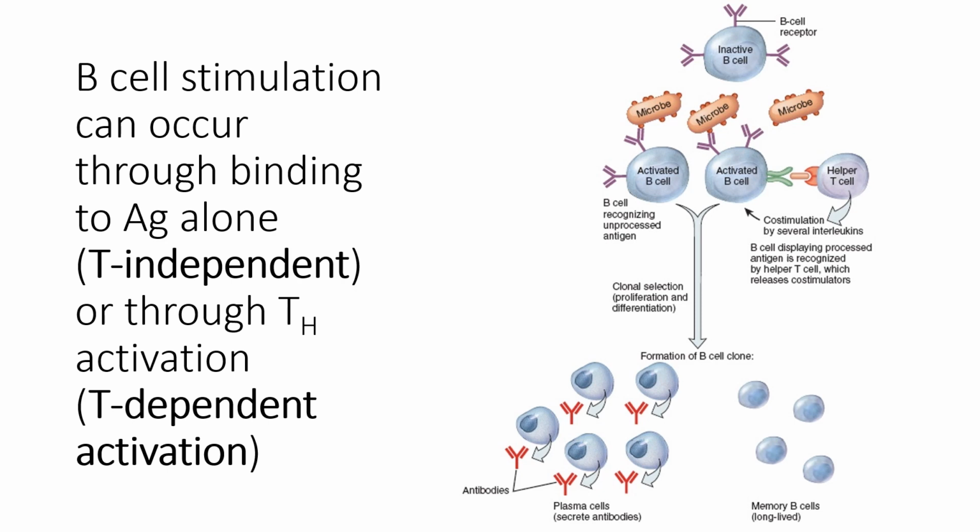This microbe would be engulfed, and now a portion of that antigen would be displayed on its surface, on its MHC class 2, and the T helper cell would bind there with its T cell receptor, and it would then stimulate the B cell with interleukins to begin this division to become plasma cells and memory cells. It would happen faster than if the B cell were to do it just on its own.